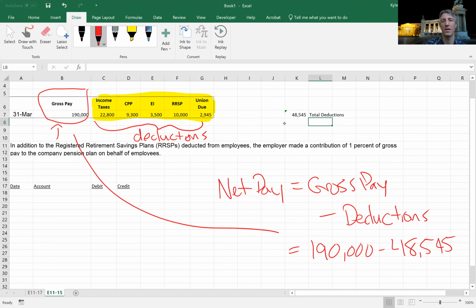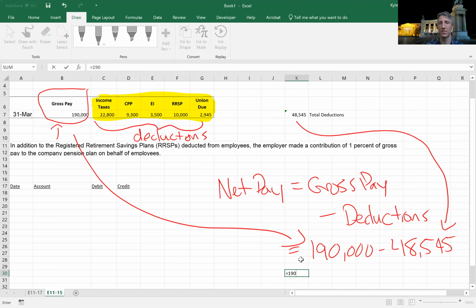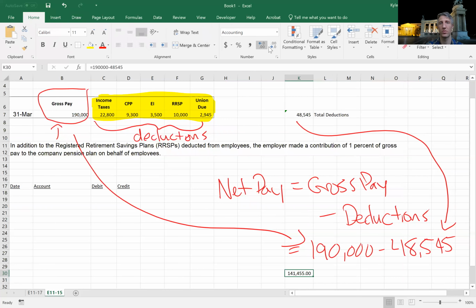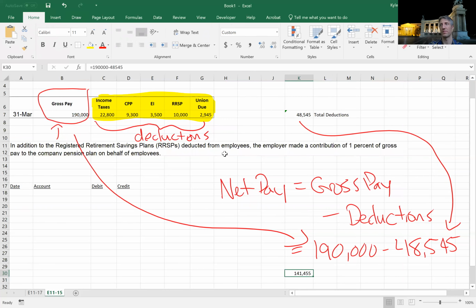So gross pay minus the deductions. And that's going to equal 141,455.